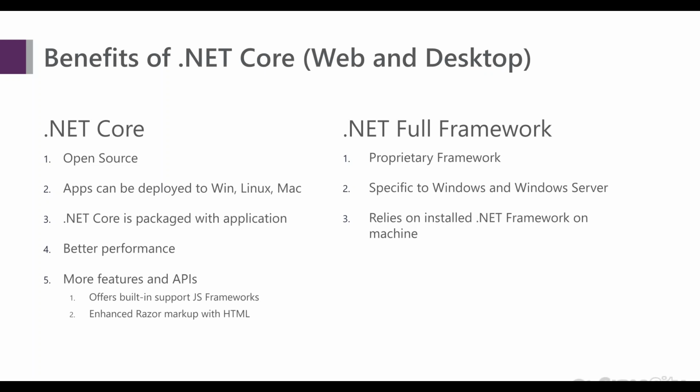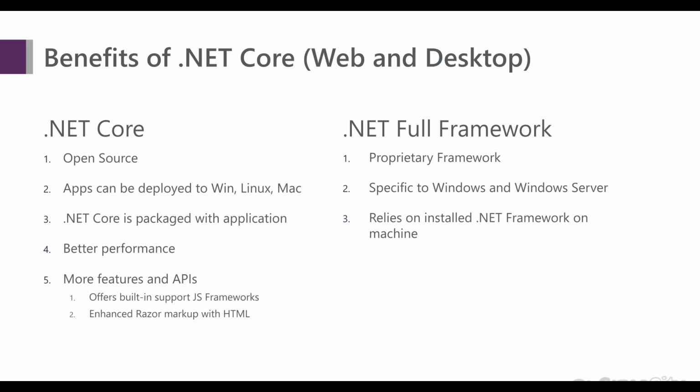Another benefit of .NET Core is that you can package your .NET Core libraries in your application when you're deploying. So essentially, what that means is that when you deploy your application and you package all of the .NET Core assemblies, you can have multiple applications running on the same server with multiple versions of .NET Core. So it doesn't rely on the version that's installed on the machine.